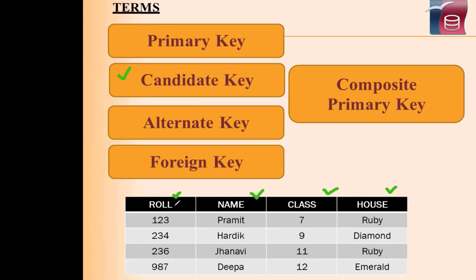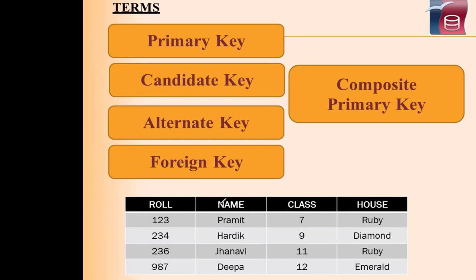Those particular fields where you find that there is not going to be any duplication of data or any blank data, you can consider as candidate keys. They all can stand as candidates for the primary key.